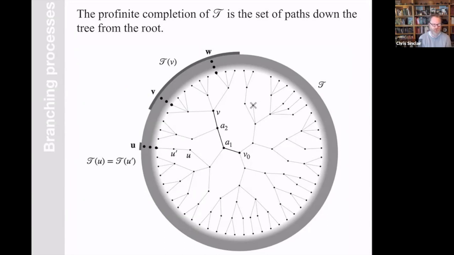That keeps the tree from becoming overwhelming. But we get this huge infinite tree. And then the profinite completion of that tree is just the set of paths from the root to the boundary.